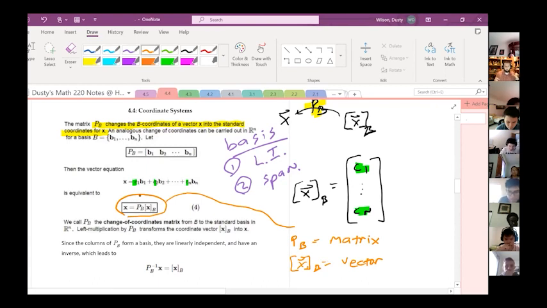In the old days, we would say something like A times X, matrix times vector. It's that same amount of stuff happening. It's a special matrix, the PB matrix. It's a special vector, namely the B coordinates of vector X. Questions so far?